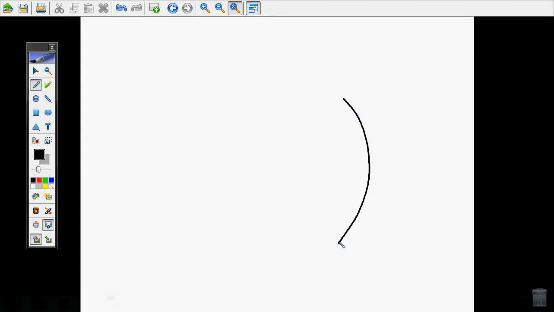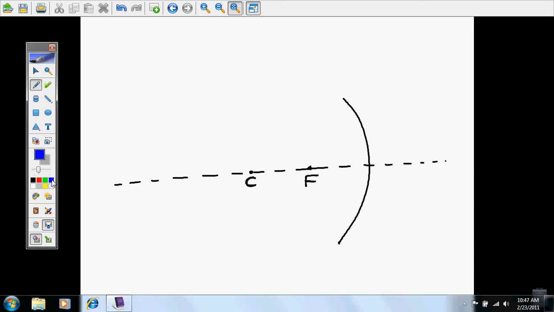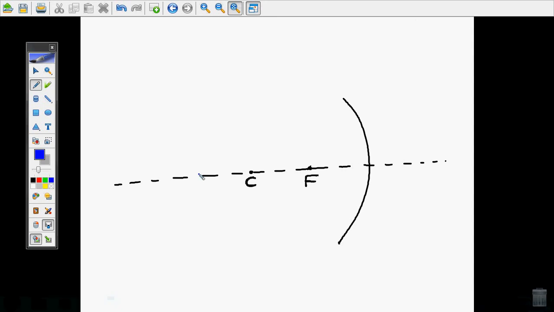Concave mirror. Focal length, center of curvature. But now I'm going to draw the object with the feet on the principal axis.